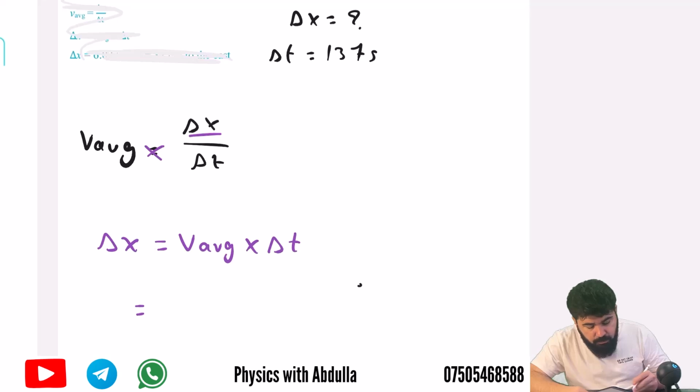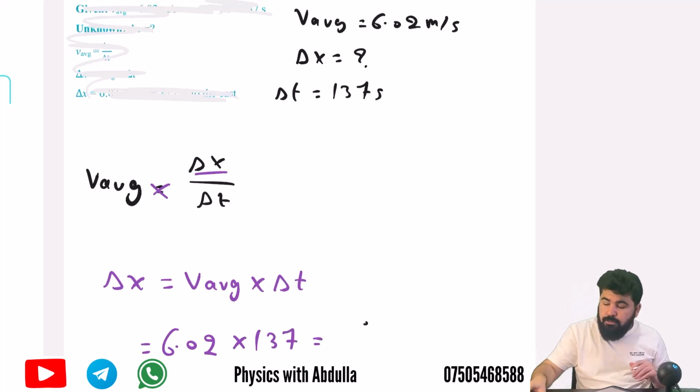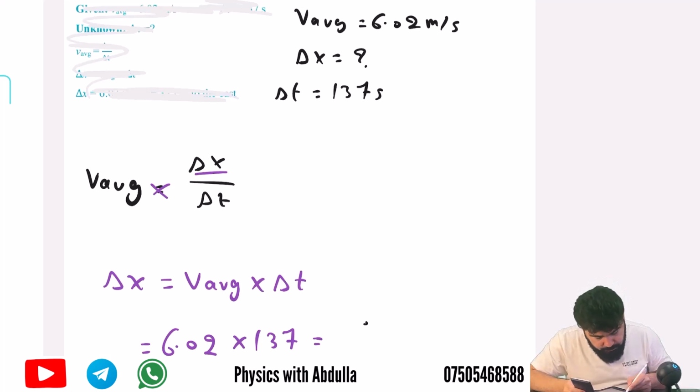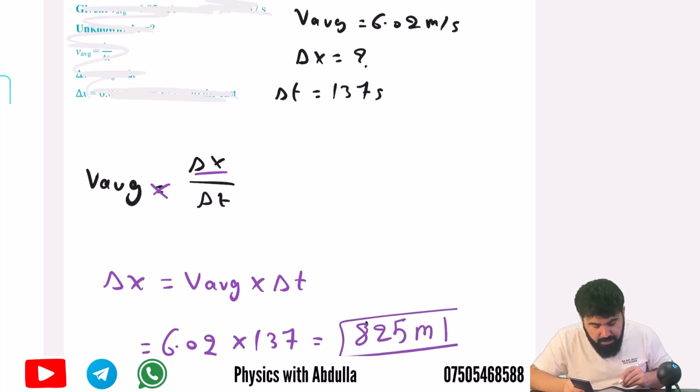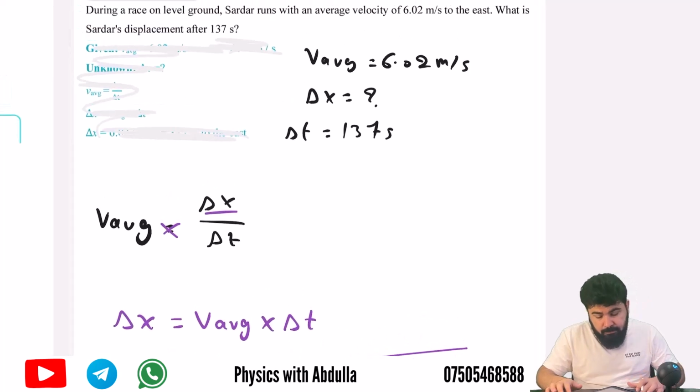V average is equal to 6.02 times delta t, which is equal to 137. This equals 6.02 times 137. We have 824.7. We're going to say 825 meters. Okay, that is the displacement that Serdar takes.